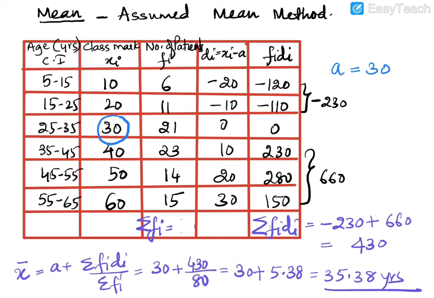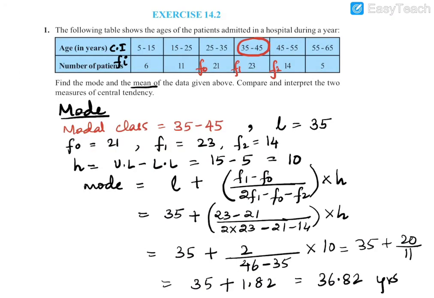Mean is 35.38 and value of mode is 36.82 years. So this implies that mean and mode can be two different values that represent measure of central tendency for the same data.